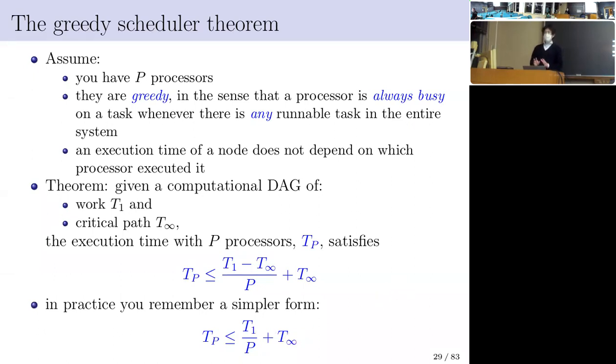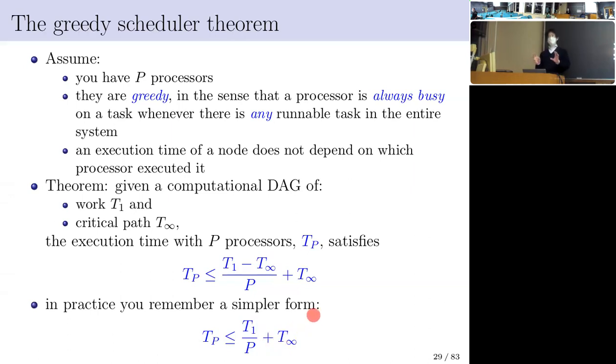So this is a very important theorem. It basically says that as long as the scheduler is greedy, so all processors are trying hard to find a task to work on, then the execution time using P processors is guaranteed to be lower or equal to T1 over P plus T infinity.